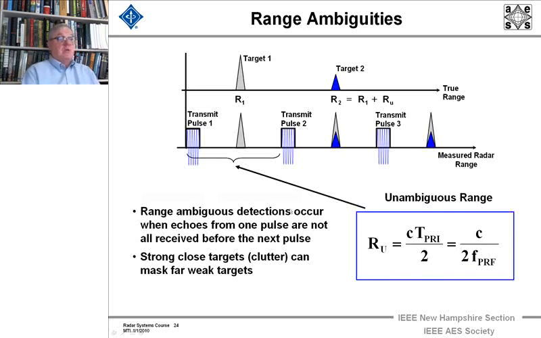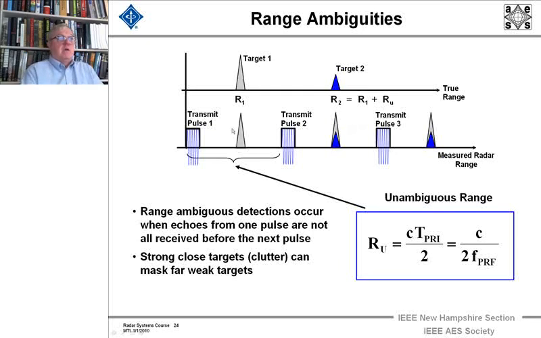So range ambiguous detections occur when echoes from one pulse are not all received before the next pulse. And also, close-in targets that are clutter can mask very weak targets because the sensitivity of the radar falls off as R to the fourth.